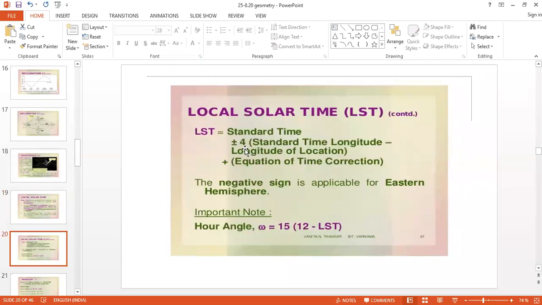The negative sign is applicable for eastern hemisphere and the positive sign is applicable for western hemisphere. Okay, so hour angle omega equals 15 into (12 minus local solar time).